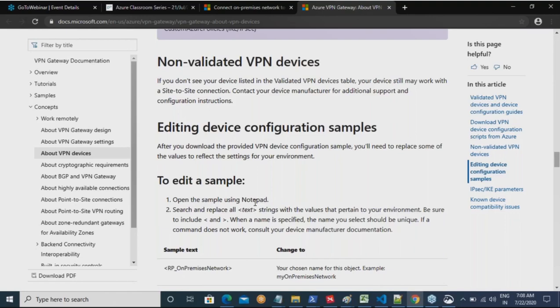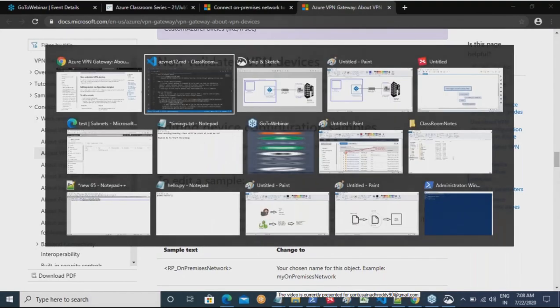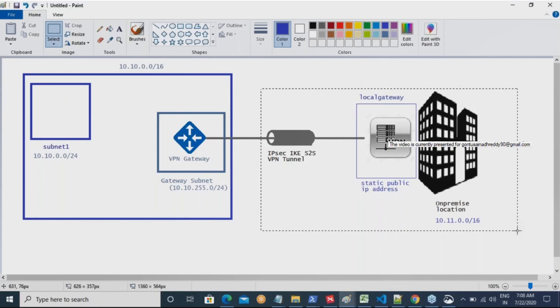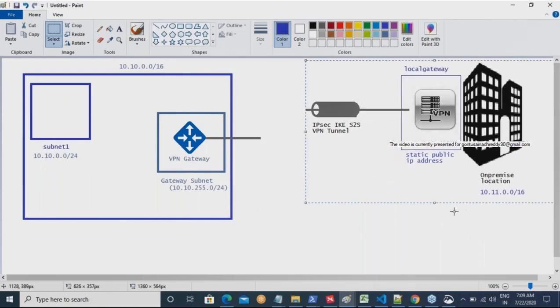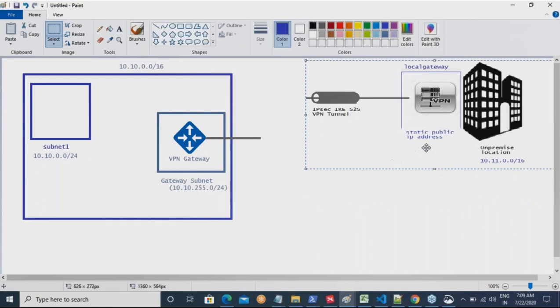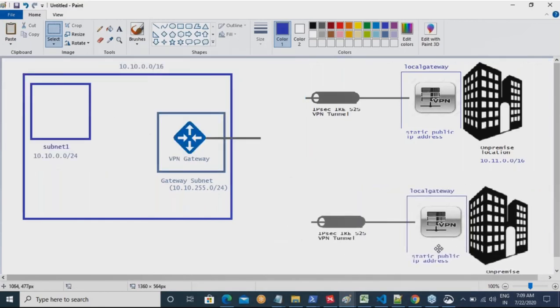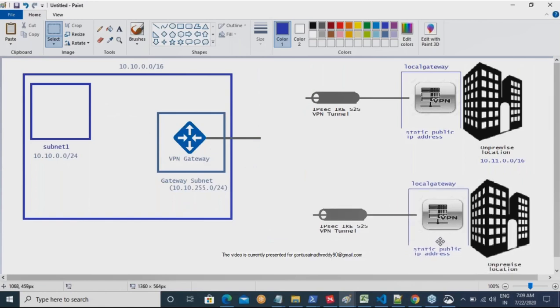Okay. And the other scenario is this. You have a VPN connection, but your organization doesn't have one site. It has multi-sites.